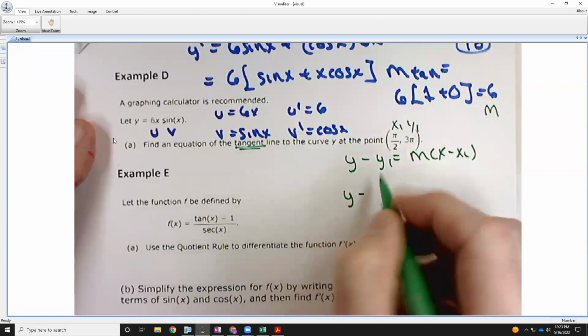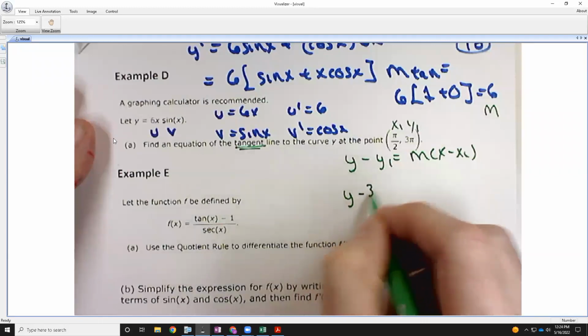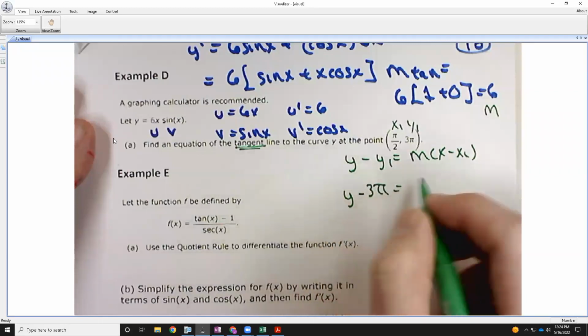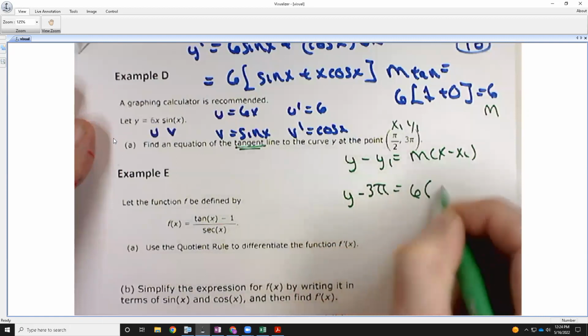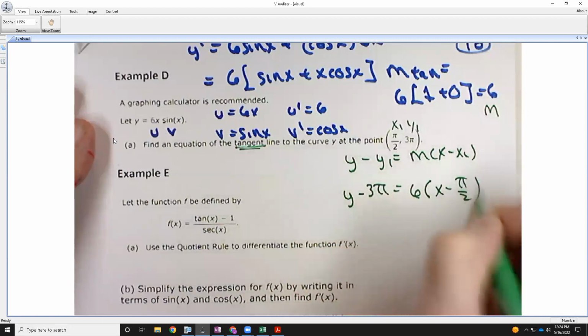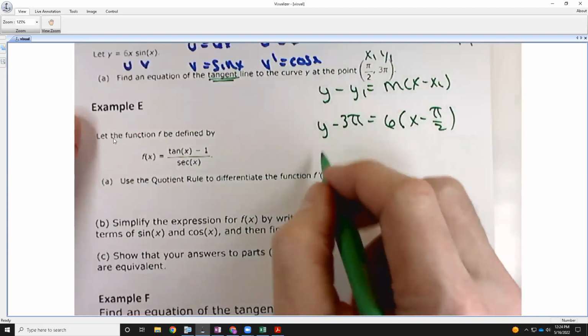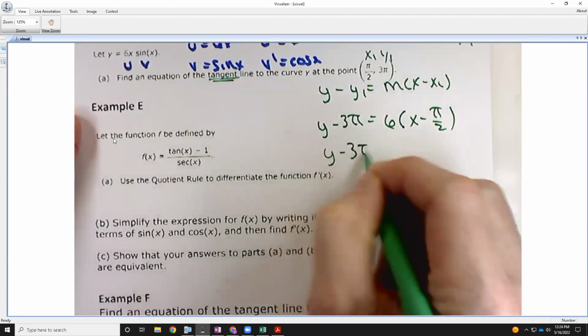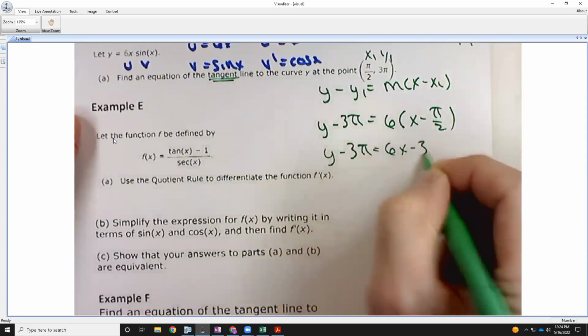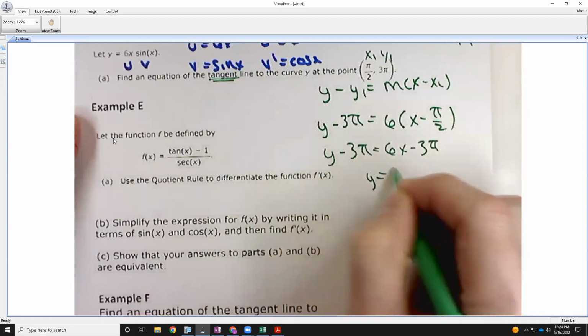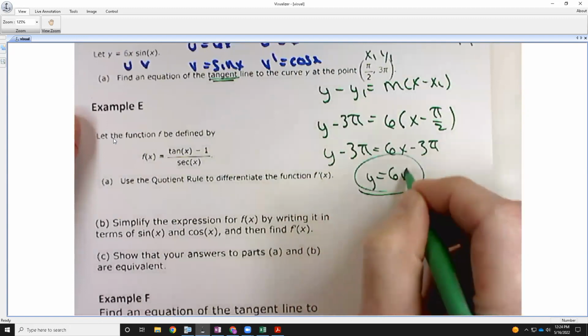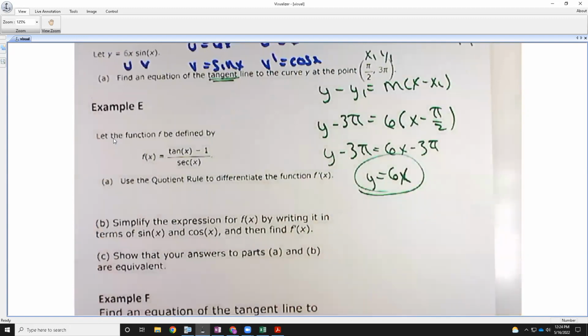It's going to be y minus 3 pi, equals 6 times x minus pi over 2. And this is going to work out pretty special. y minus 3 pi equals 6x minus 3 pi, or y equals 6x. That's your equation of the tangent line. Yay.